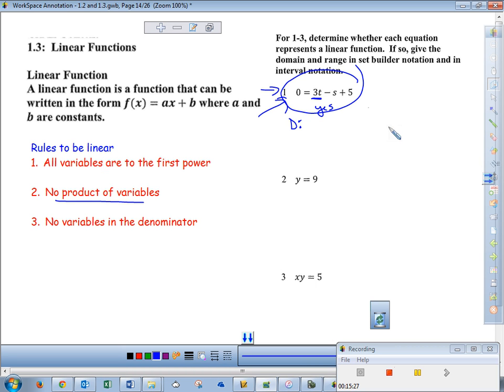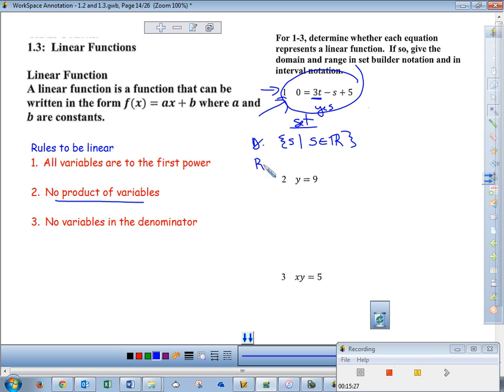What's the range? All reals. So let's do our domain in, oh my bad, we have to do both forms, so set and interval. In set notation, it's the domain is the set of all s's, because that's the variable that they chose in this situation, such that s is an element of the real numbers.